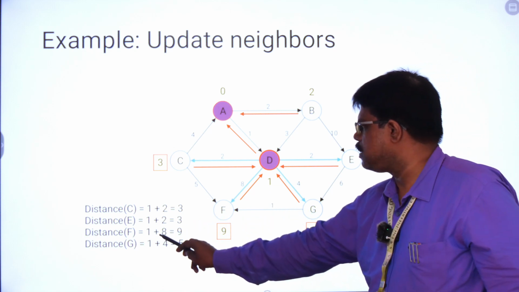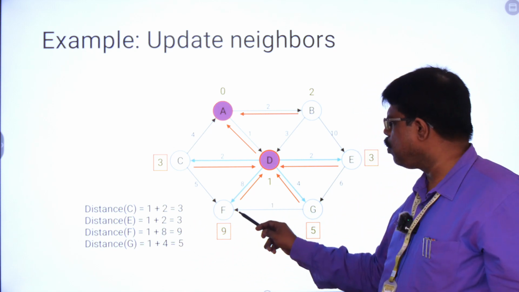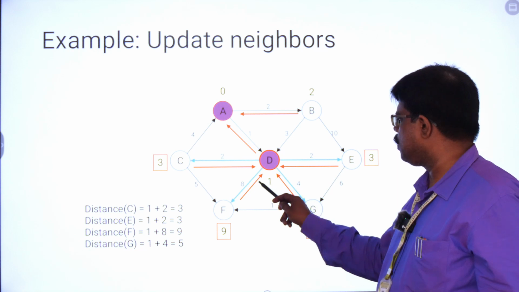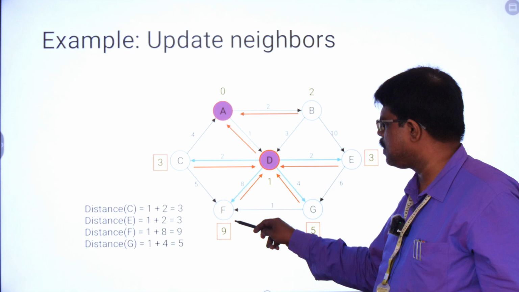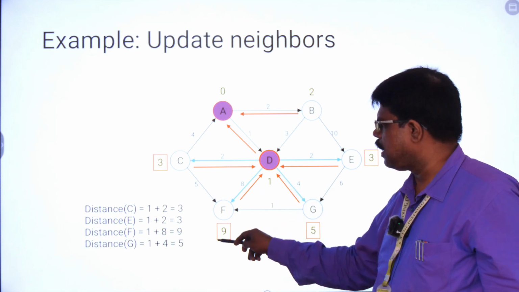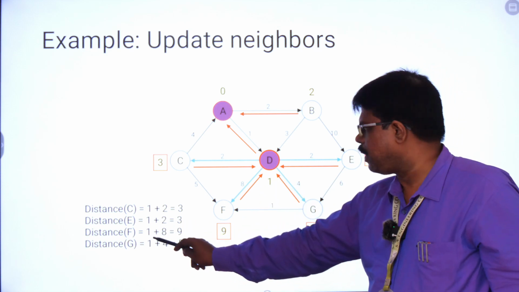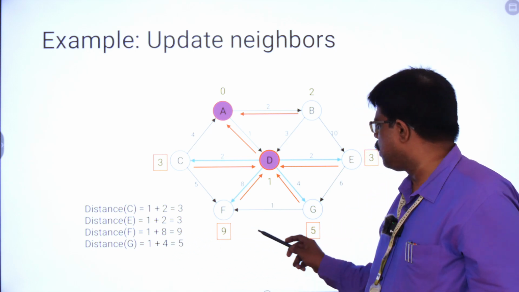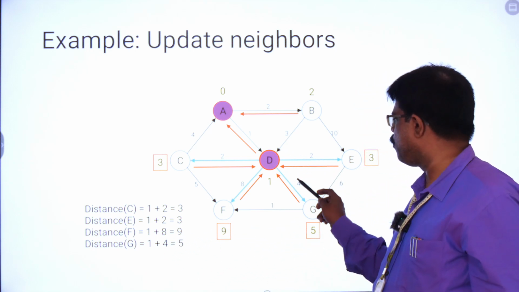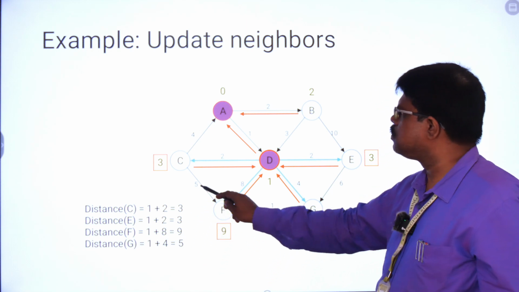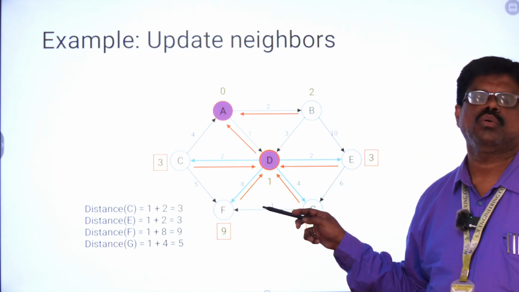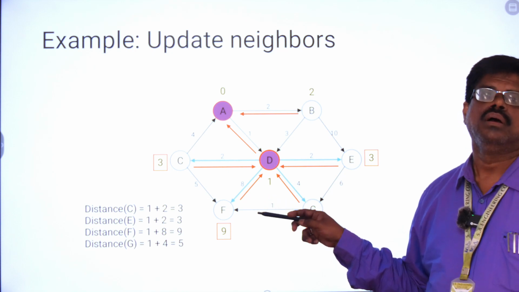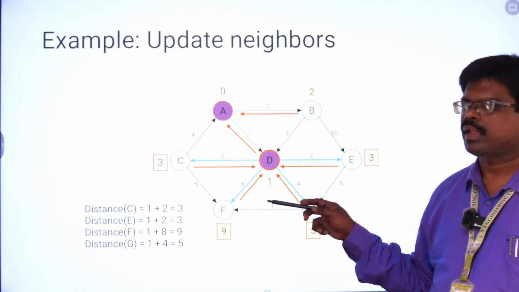Again, you can calculate the distance of F. If you take D, 8 and F is 1, so 1 plus 8, 9. So that is the distance of F. Distance G, you can calculate 1 plus 4. So that is the distance G. This is the thing you have to consider for updating the neighboring nodes in order to find out the values of the distance. Okay.